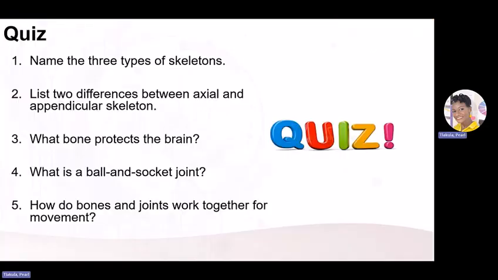So let's do a quiz. A quick quiz. Name the 3 types of skeletons that we've mentioned earlier. Okay, type in the chat box your answers.